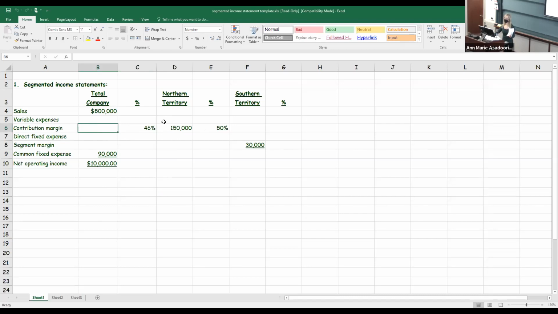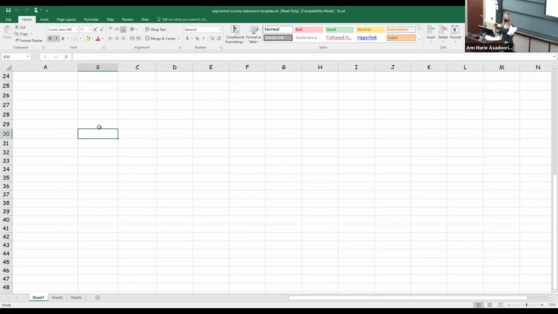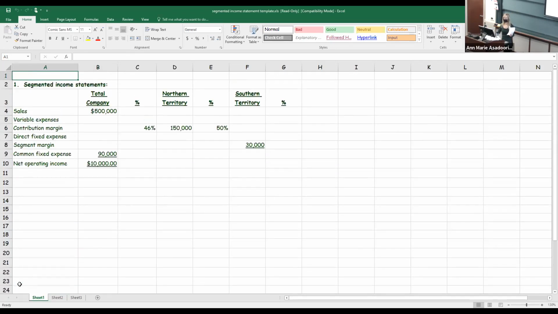So what Andrea is saying is that the margin as a whole is going to be 230,000 because she understands what contribution margin ratio means. If this is 46%, then that means that this contribution margin is 46% of overall sales, which is 230.